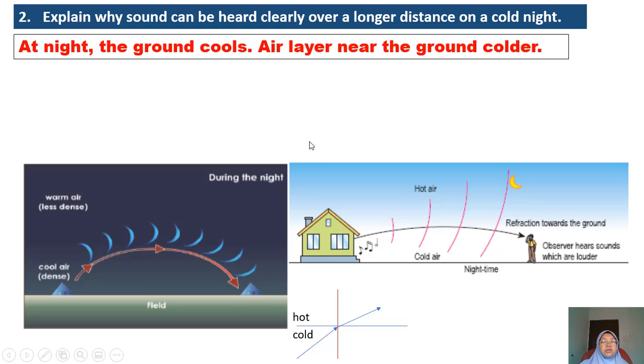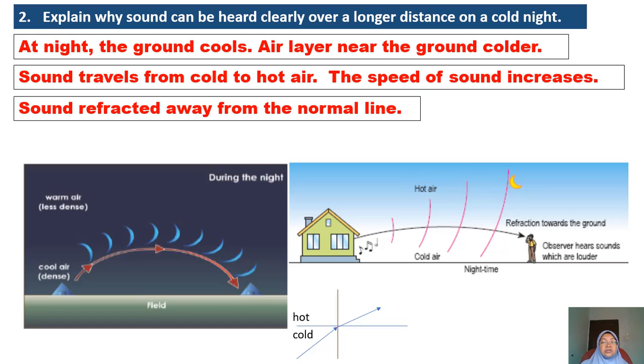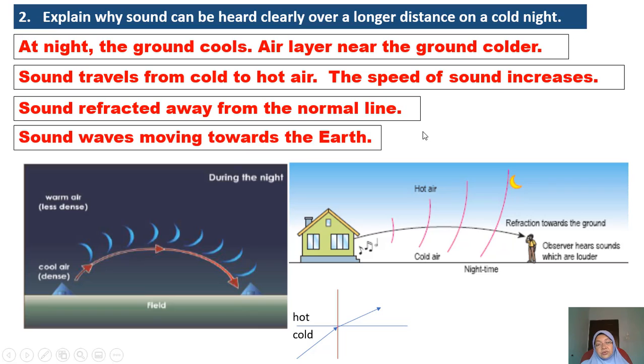The ground cools, so the air layer near the ground is colder. Sound travels from cool to hot air, so the speed of sound increases. Therefore, the sound is refracted away from the normal line. The sound wave moves toward the Earth. That's why the observer hears sounds which are louder, at night.